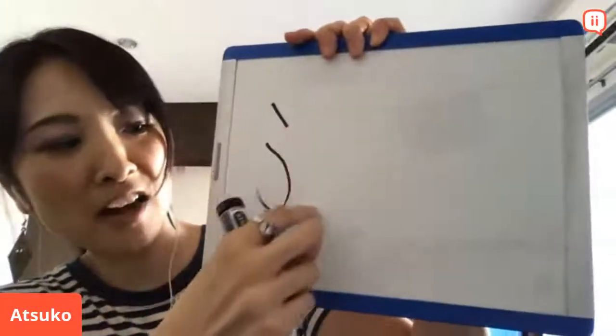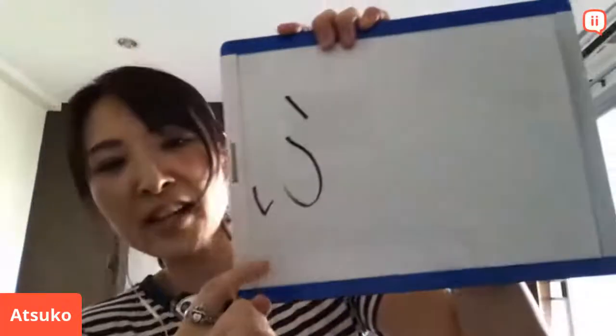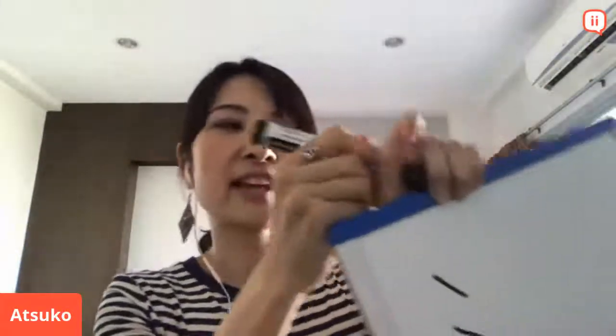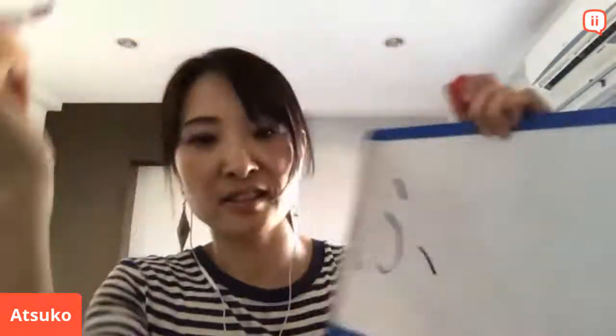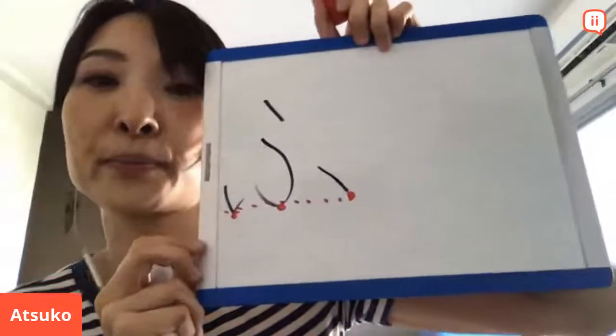Go down, curve, shoot. Third stroke, to the right and jump. And the last stroke, to the right, like this. This is not a rule, but if these three points are on the same line, I think it looks beautiful.